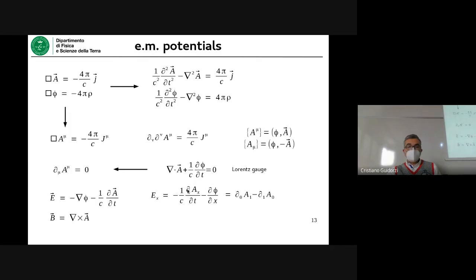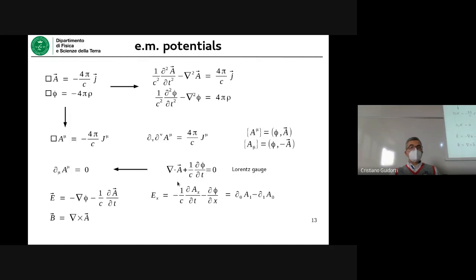So 1 over c partial derivative with respect to time of minus Ax is just d0 A1, just like that. Instead, when you partially derive with respect to x, it's exactly like deriving with respect to 1. X here is the contravariant component of the space-time four-vector. And instead, A0 is just phi. So this guy here is simply minus partial with respect to 1 of A0.